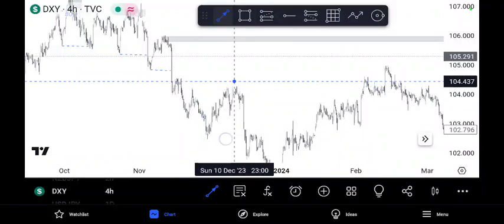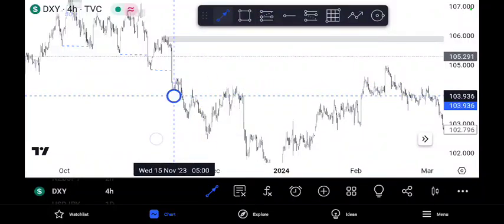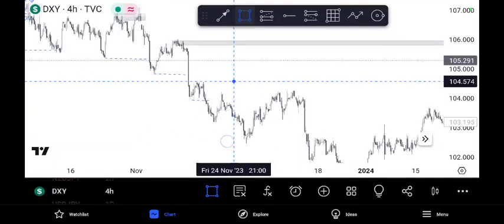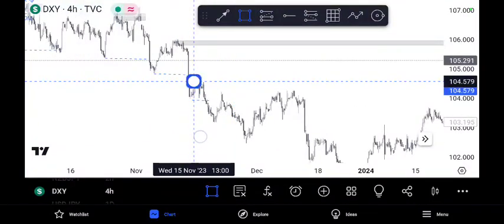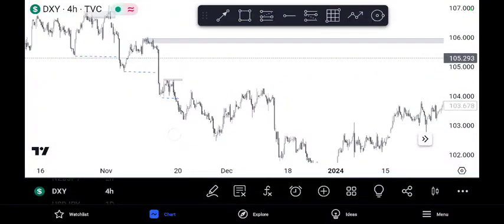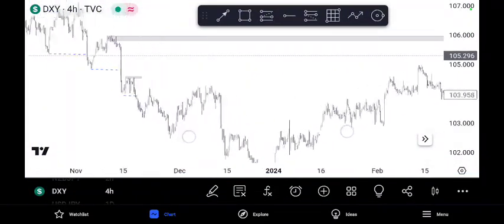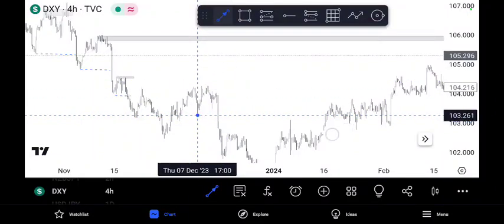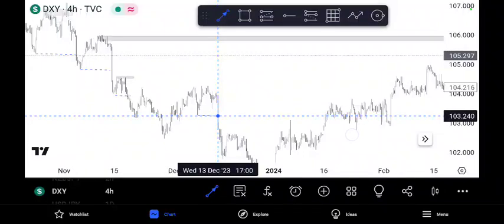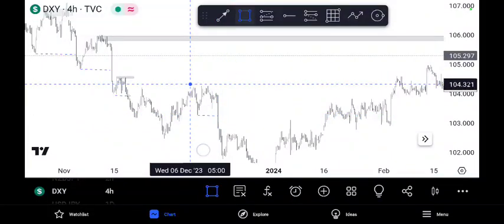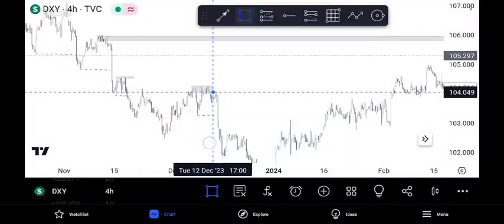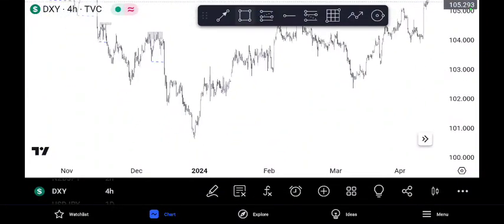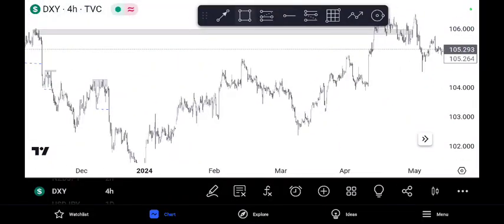You have your BMS to the downside, and you have your sell here, then boom, the same thing here. You have a BMS here, and you have your sell, boom, to the downside. So this is just a repeating continuation, right?